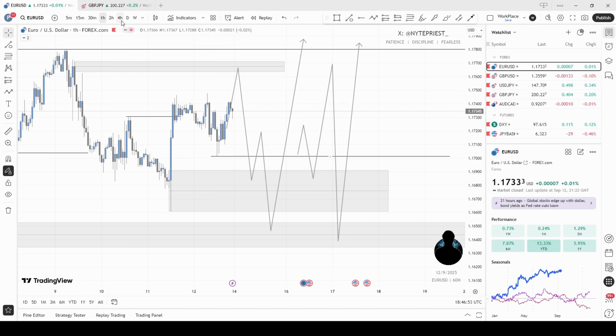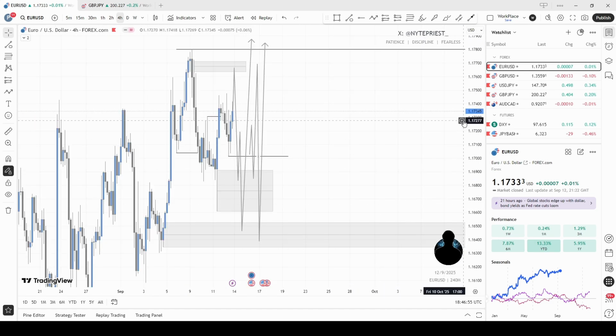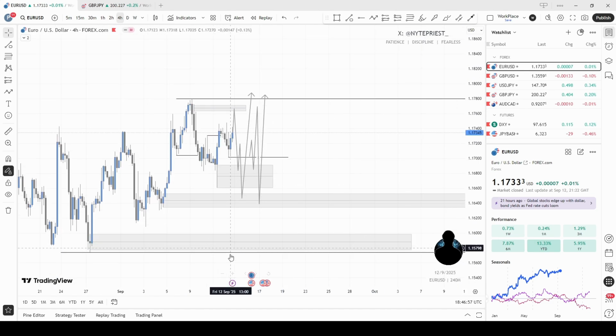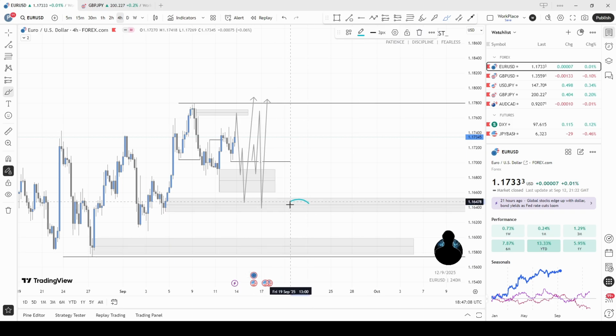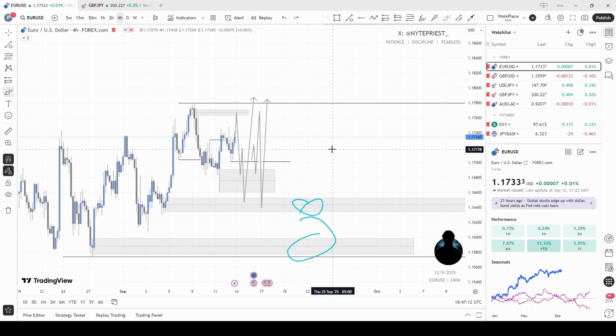All right. But we shouldn't forget that we are having another deep demand here, which can also push price upward. This demand can fail, this demand too can hold. Okay. So we should observe how price reacts from these levels.